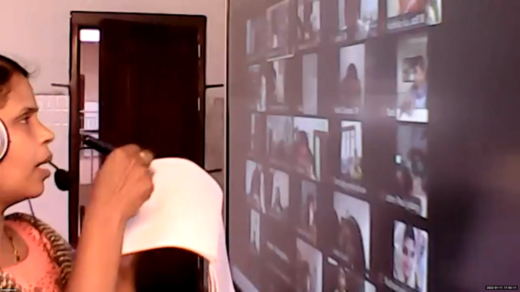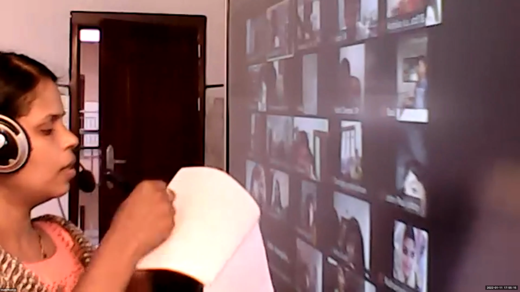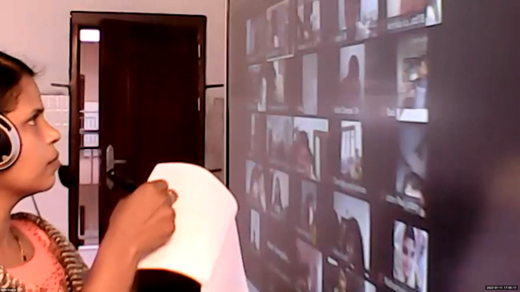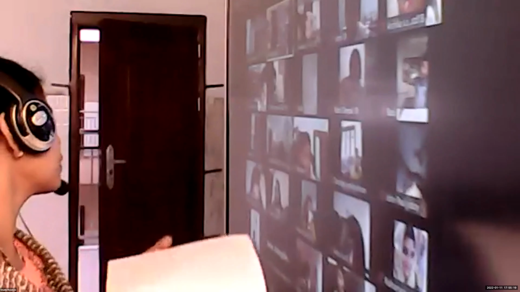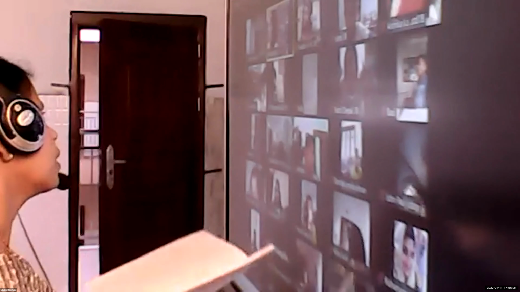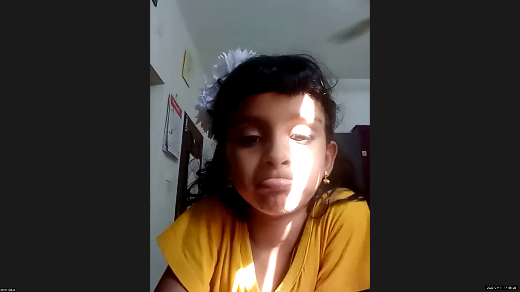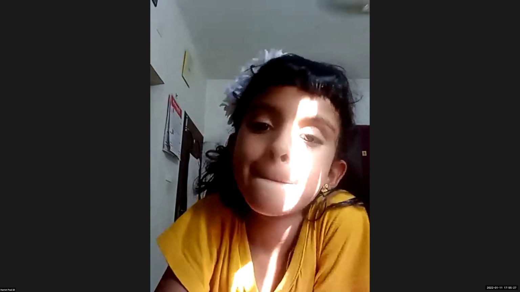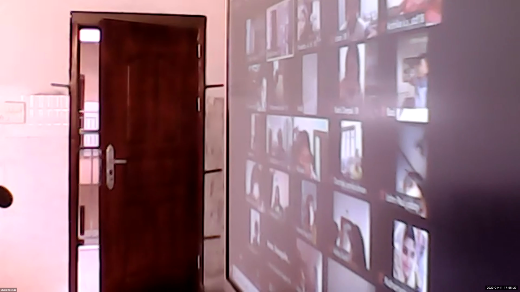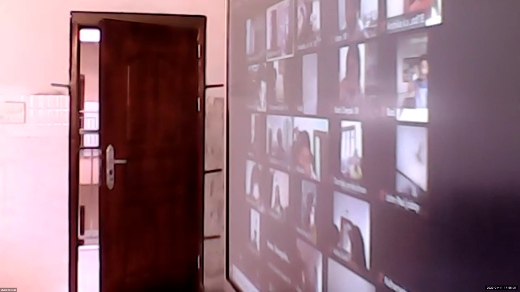There you can see the symbol and all. Just using a pencil, you shade it. So you will get the impression of the coin. You can do it like that with all the coins. 50 paisa coin, 1 rupee coin, 2 rupees and 10 rupees.